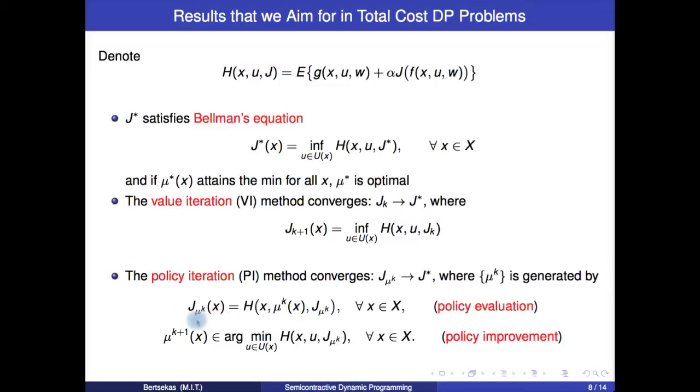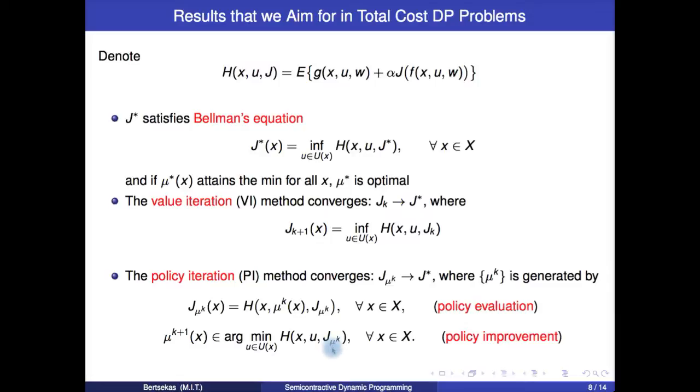So after we have evaluated mu k and obtained this J mu k, we stick it into Bellman's equation and minimize, and we obtain a new policy mu k plus 1 by this minimization, which is done for every state x. This is called policy improvement, and the reason for this terminology is that usually, although not always, mu k plus 1 is a better policy than mu k in the sense that its cost function is uniformly no larger than the cost function of mu k.